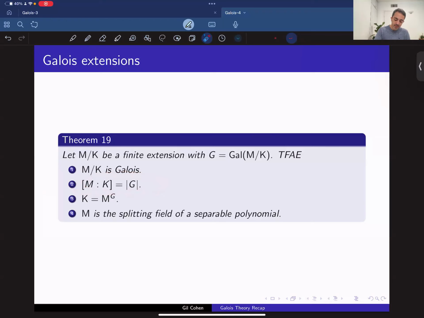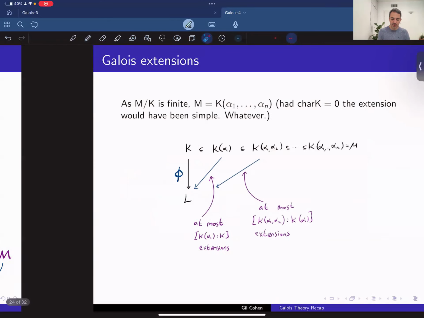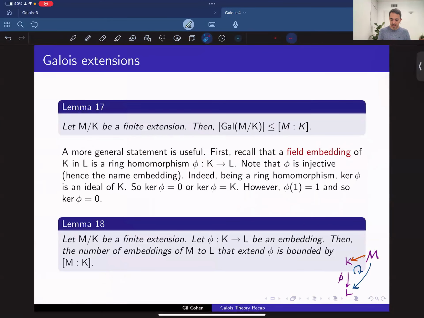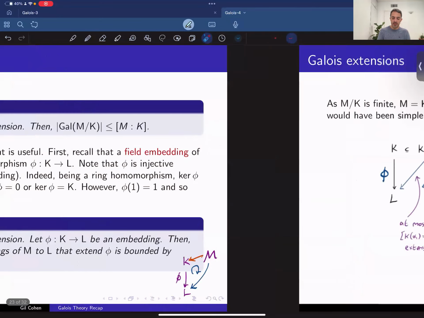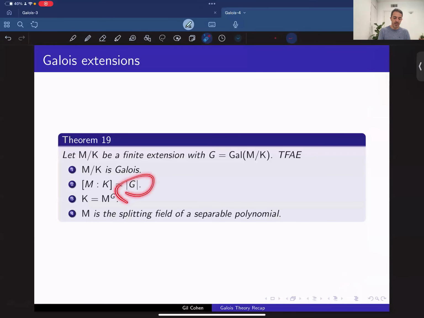Secondly, the size of the Galois group is exactly the same as the index. If you remember the previous lemma, we know that the Galois group is always bounded by the index from above. So what this says is the Galois group is as large as possible. In a sense, it's the most symmetric that you can have. Well, good.